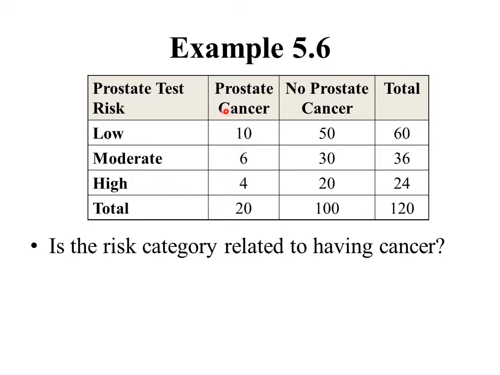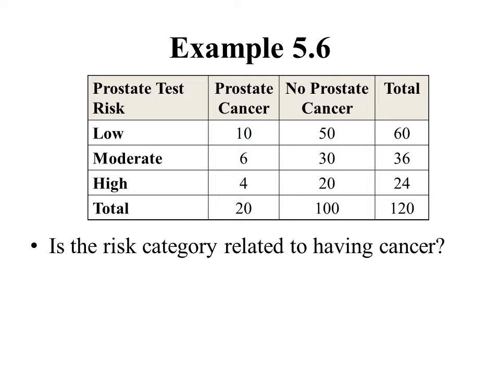They either have cancer or they do not have cancer. So we might ask, is the risk category related to having cancer? You would think that if you have a low test risk, then you should have a lower chance of getting prostate cancer. If you have a high risk, then you should have a high probability of having prostate cancer. Well, is that the case?